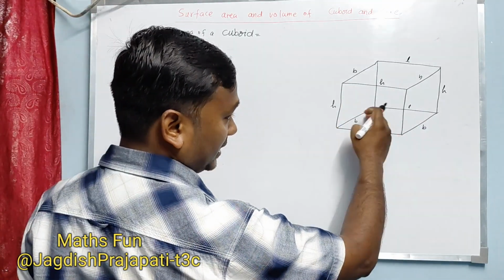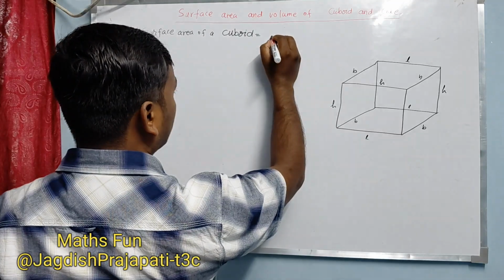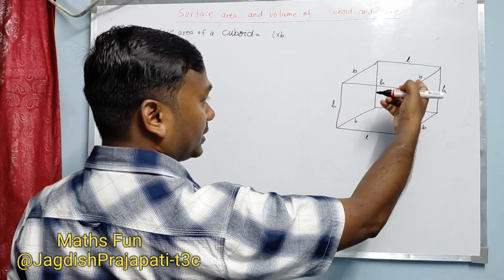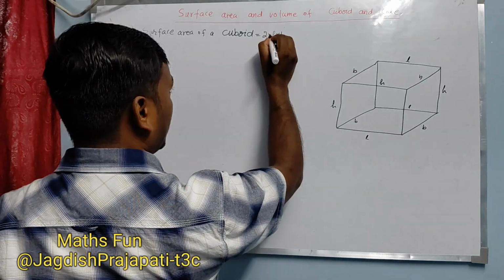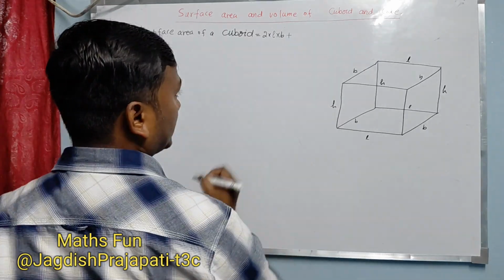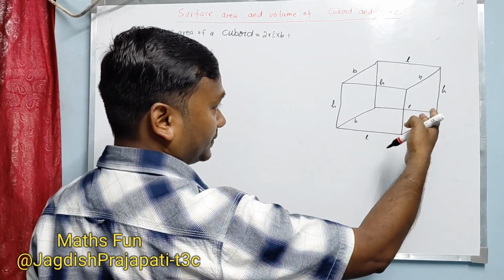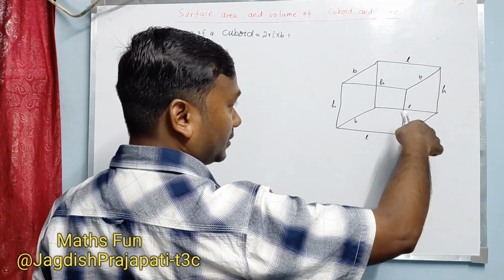So this is L into B because this is a kind of rectangle. So L into B, and similarly the top is also L into B. So that is twice L into B plus, now see this side face. This is B into H because this is a rectangle.